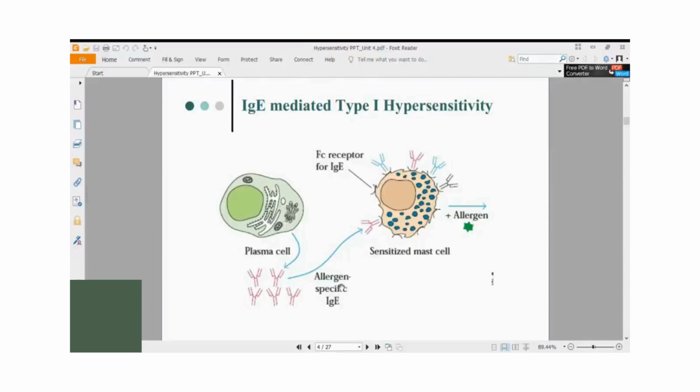These IgE antibodies will not be in circulation for a long time. As soon as they are produced by the plasma cells, they will come into the blood, and from there they will start seeking the mast cells for their attachment.